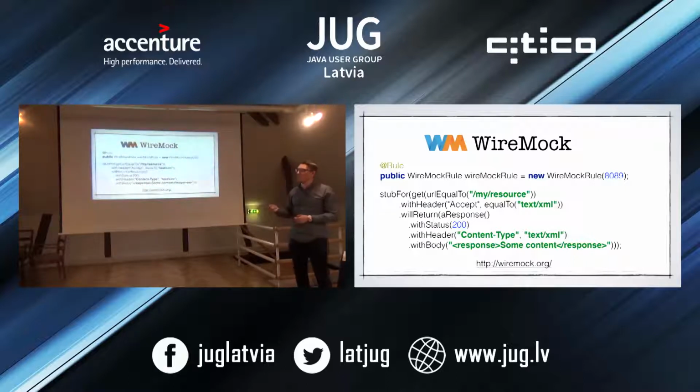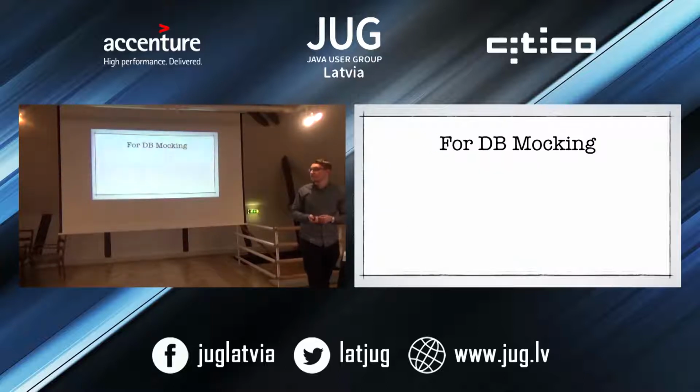With WireMock, you can say that you want to create a stub server that will trigger when you do a request on this URL with header accept equals to text XML, and then you will return a response with status code 200 with this kind of header and with this response. So this will allow you to stop using actual instances of integration servers or databases or message brokers.